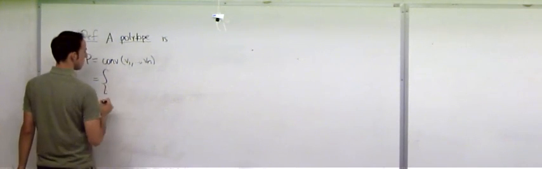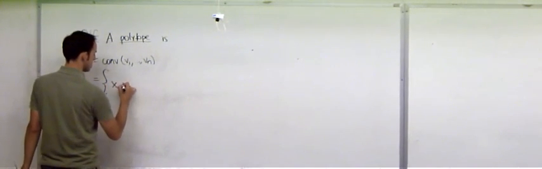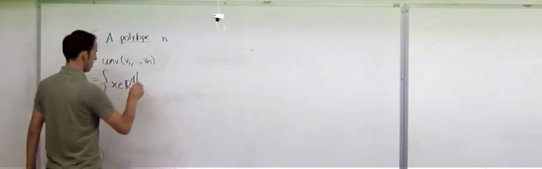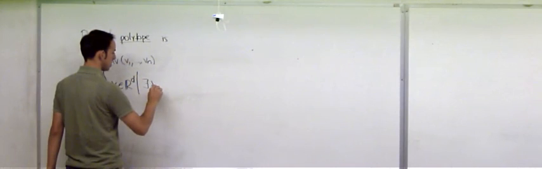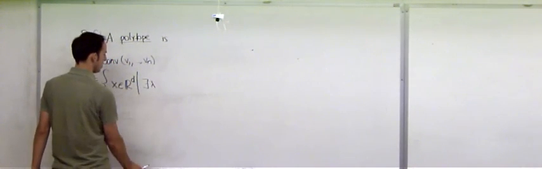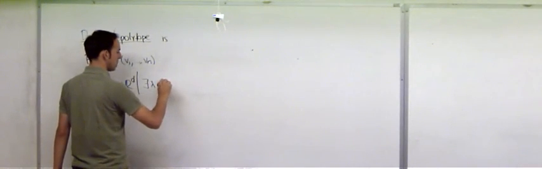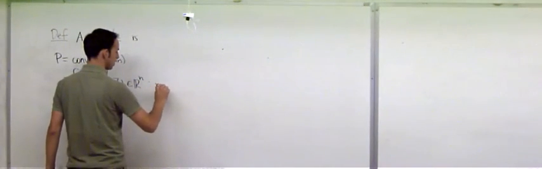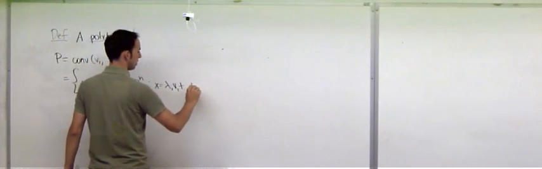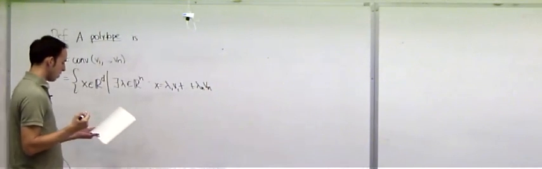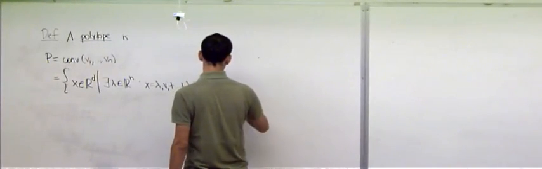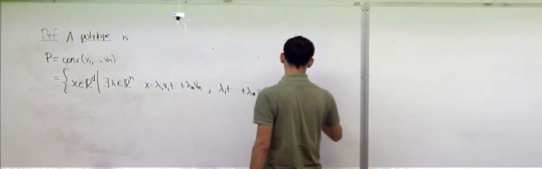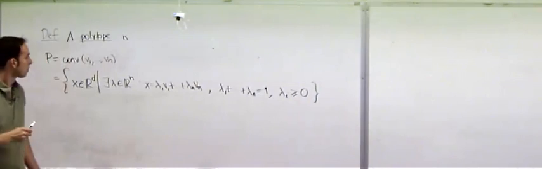So I said that this was going to be the set of points x in R^d such that there exists lambda in R^n such that x equals lambda 1 v1 plus dot dot dot plus lambda n vn, where the lambdas should add up to 1, and they should all be greater than or equal to 0. Okay? So that's what I wrote.